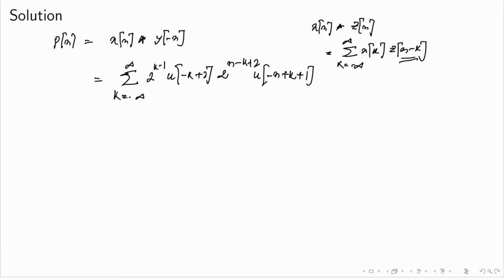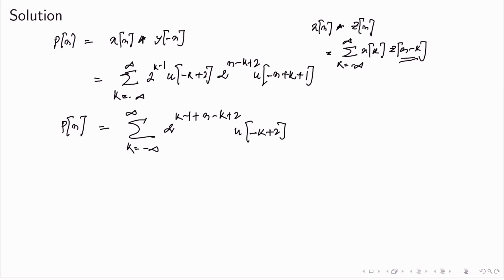So this is the expression for p of n, which we can summarize as the summation over k from minus infinity to infinity of 2 to the power k minus 1 plus n minus k plus 2, u of minus k plus 2, u of minus n plus k plus 1.